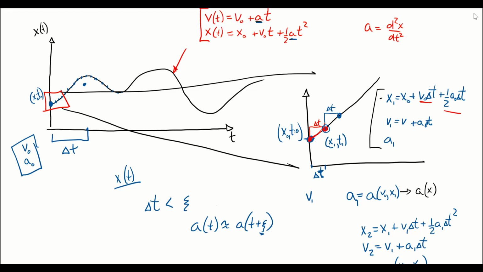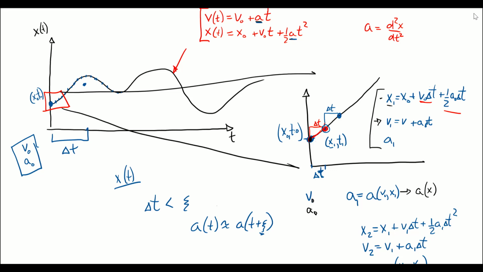And if that's the case, we can improve how we update our velocity, right? If you think about it, we get our new position x1 by essentially assuming the acceleration and velocity a0 and v0 at the start of that time interval remain the same for that whole time interval, which is a reasonable assumption, but we can do better.